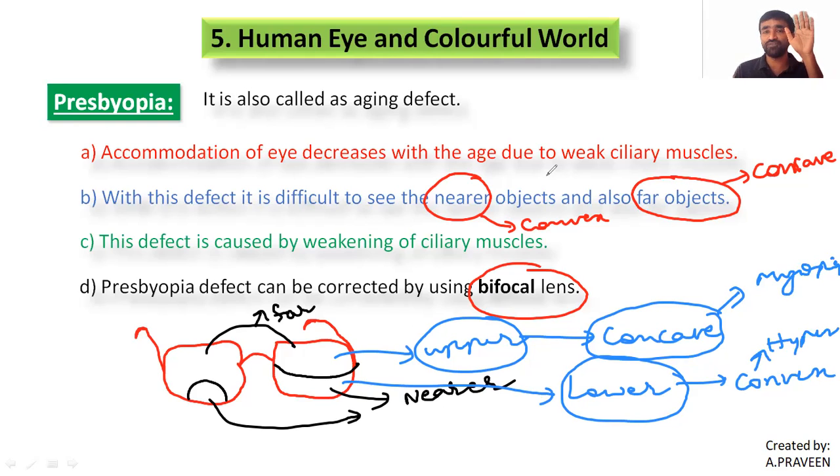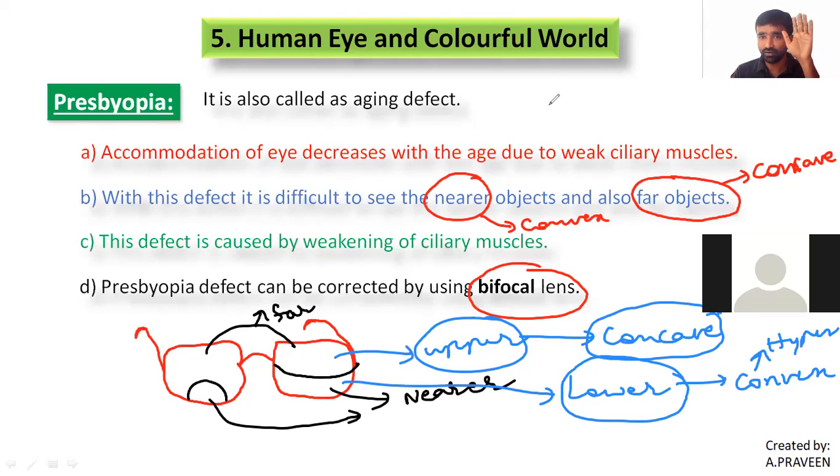Are you clear about this defect? Is it clear or confusing you? Anybody? Give me your response. Unmute. Rohit. Sorry, disconnected. Am I audible? Hello?